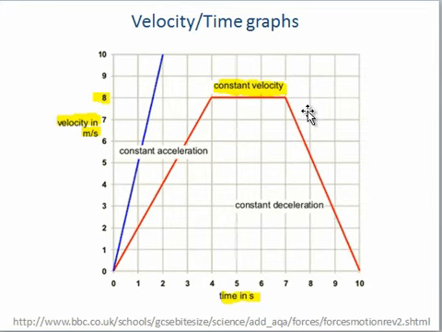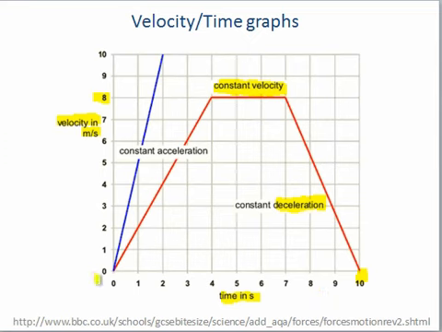And finally, in velocity time graphs, when the graph gradient is decreasing, we are decelerating, which is the opposite of accelerating. Essentially, the car is slowing down and grinding to a halt at 10 seconds.